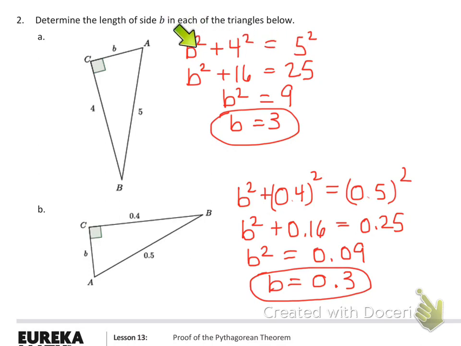It could have been 4 squared plus b squared equals 5 squared, but it won't change the outcome. So we've got b squared plus 16 equals 25. What I've done is subtracted 16 from both sides of this equation to get b squared equals 9. And you'll recognize 9 as 3 times 3, so b is equal to 3.